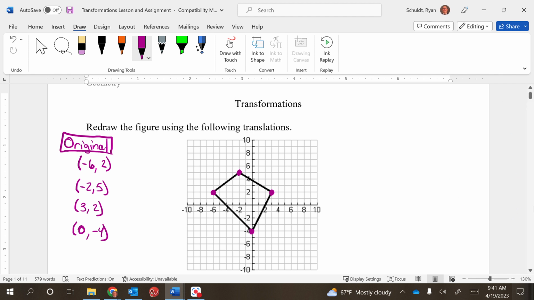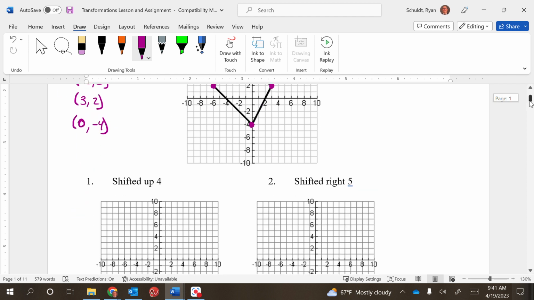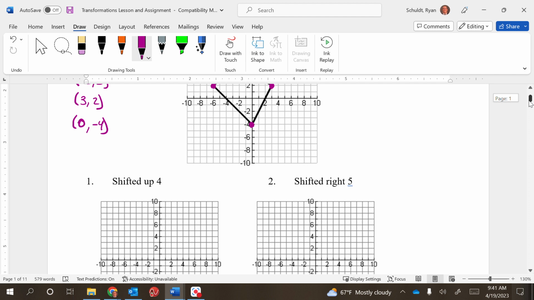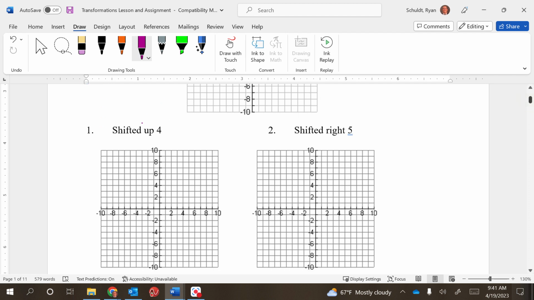Okay, so for those points, when it says shifted up 4, which one goes up and down? The y-axis. Shifted up is going to be y, and it's going to be +4.